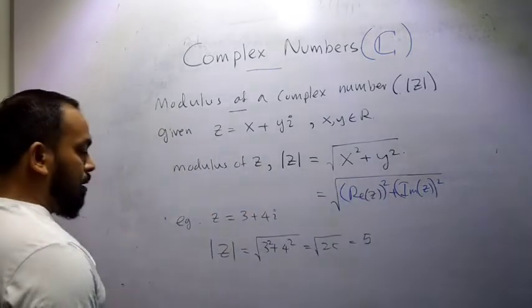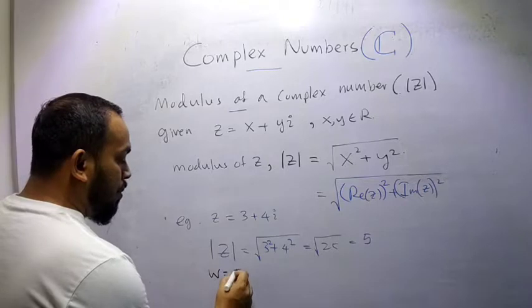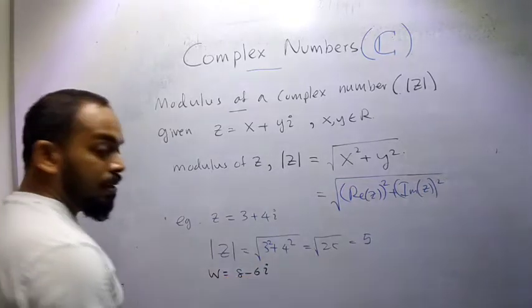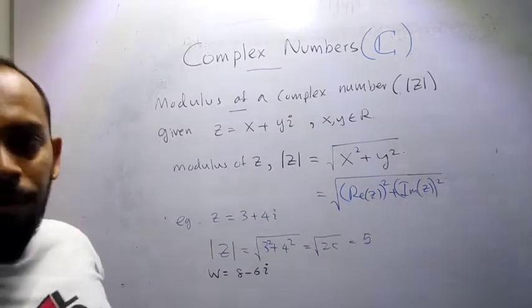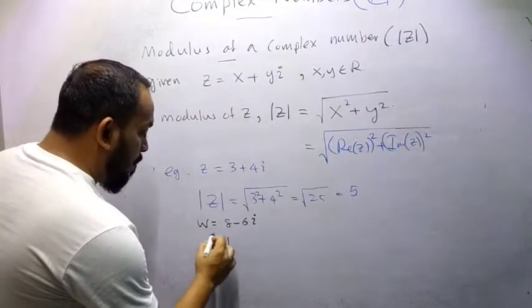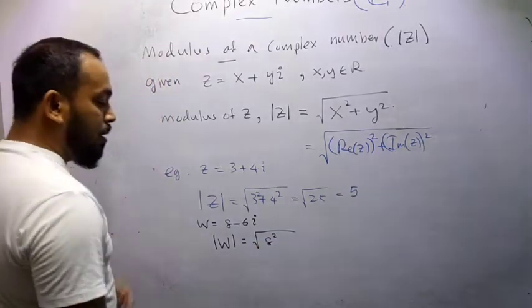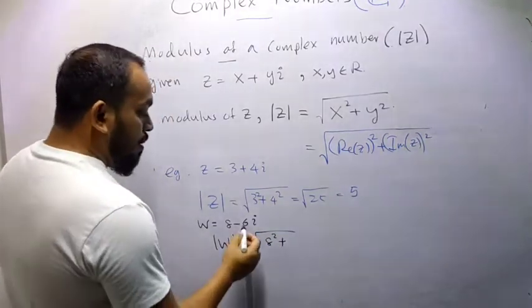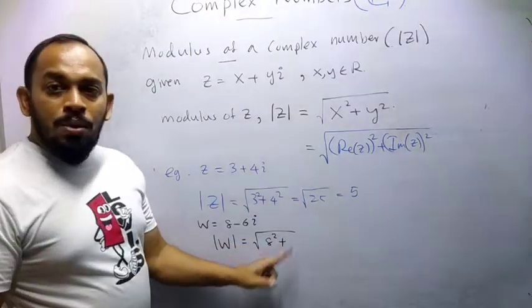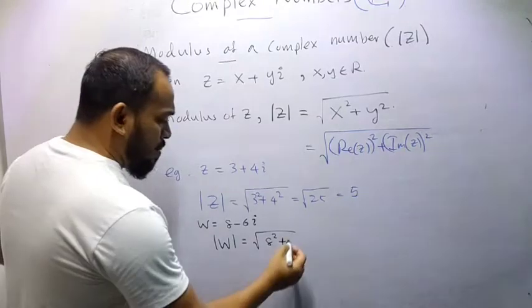Let's look at another one. Suppose w is equal to 8 minus 6i. Then the modulus of w is the square root of 8 squared plus, you can put minus 6 squared, but it doesn't make any difference there, so you can just put 6 squared.